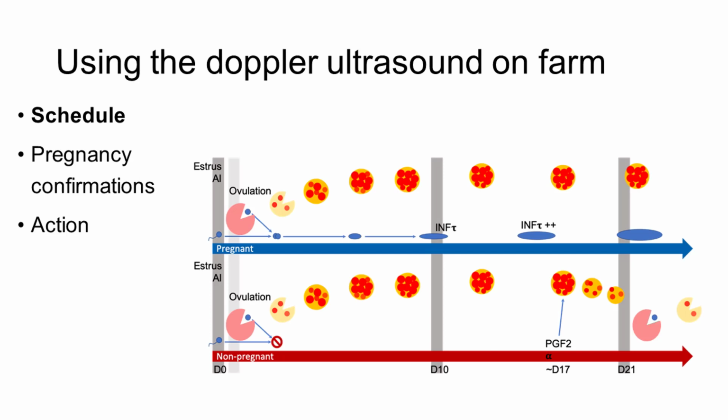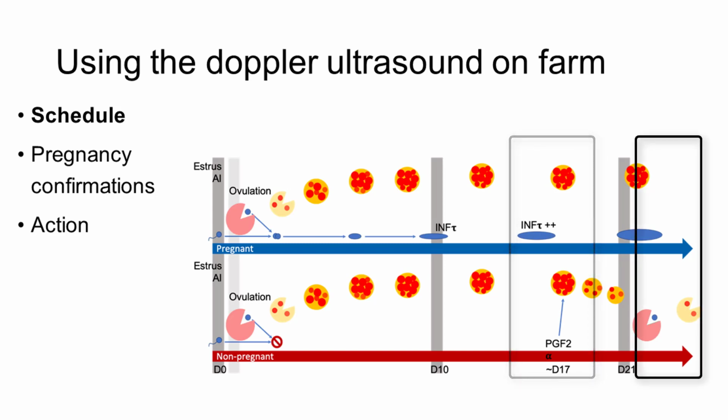The first consideration for implementing the use of the Doppler ultrasound on a farm is the moment at which the diagnosis must be done. The diagnosis must be done between day 18 and 22 post-insemination to correctly identify non-pregnant cows. But what happens if the diagnosis is made at day 14, 15, 16, or even at day 24, 25, or 26?